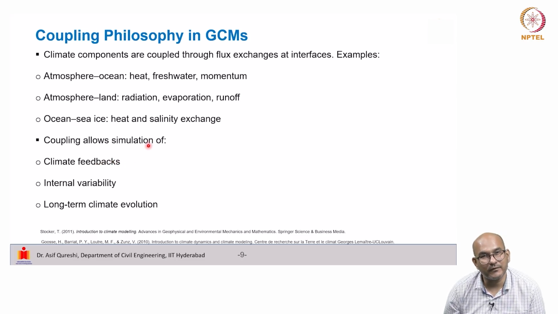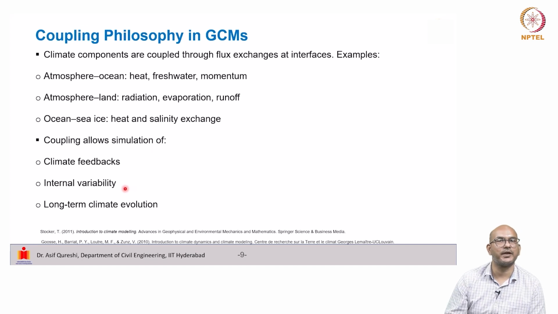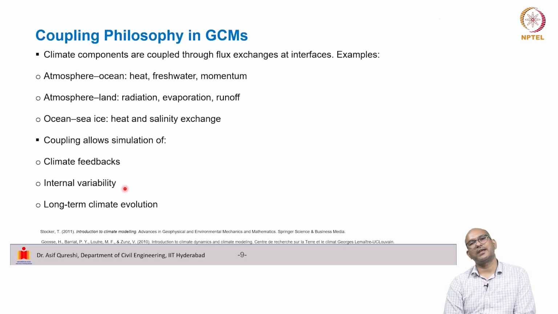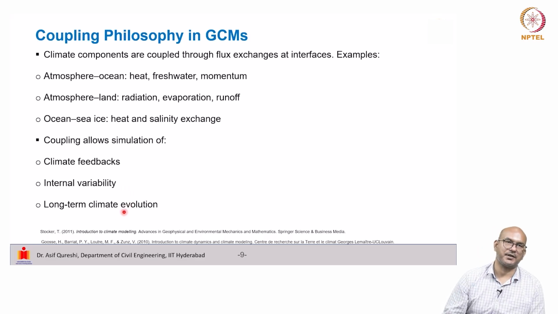By modeling in a GCM, we may also be able to check the variability within these systems, how they vary seasonally, monthly, and interannually. When we increase our time span, we can see the long-term climate evolution, how these variations occur over a very long time frame. These kinds of things can be modeled in GCMs.